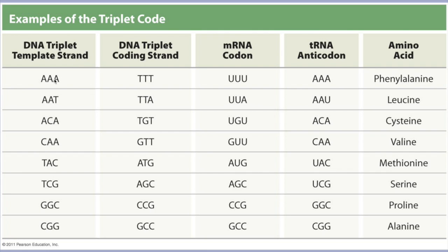So one strand will be AAA, the other strand will be TTT. mRNA will be produced, and it will be UUU. And the tRNA that is going to bind to this is going to be AAA, and that codes for phenylalanine, which is one of the amino acids. And you don't have to memorize this chart or anything. I just wanted to give you an example of how it works.